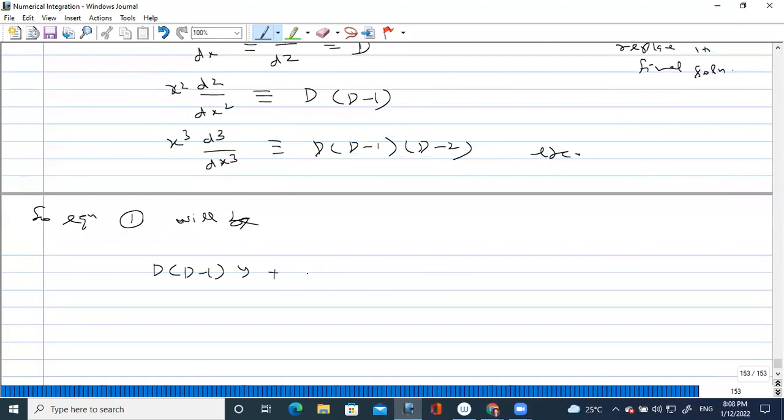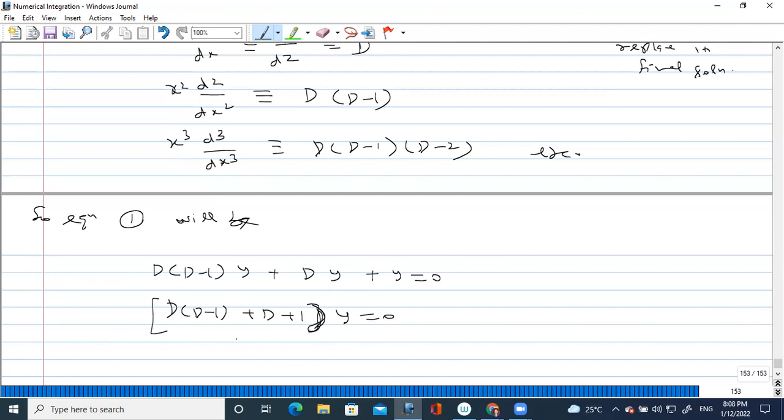And plus next thing is x dy by dx, that I can write Dy, and plus y is equal to 0. So what will be f(D) here? D into D minus 1 plus D plus 1. This will work as f(D) into y equal to 0.